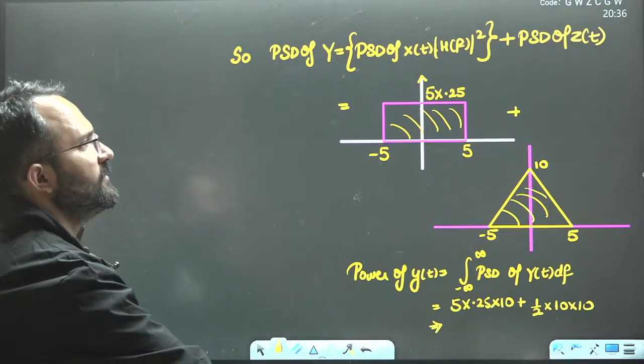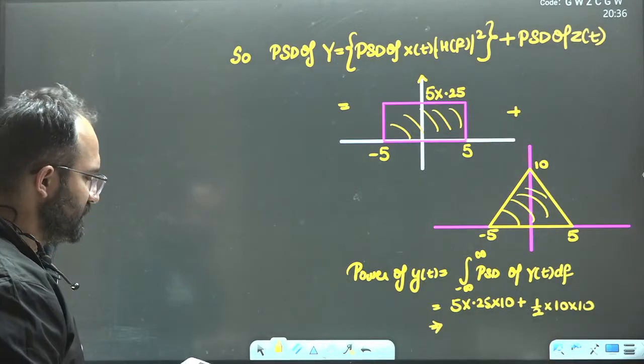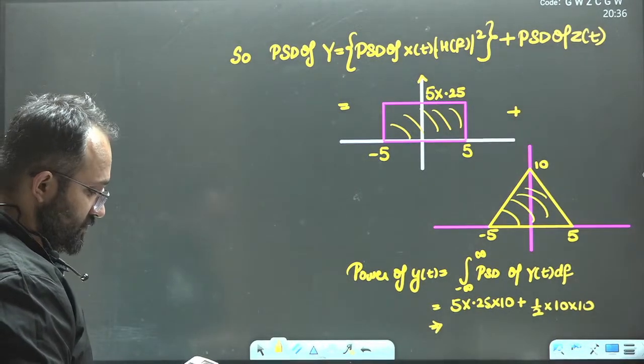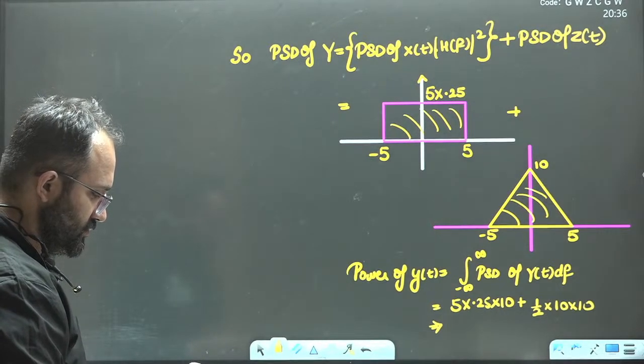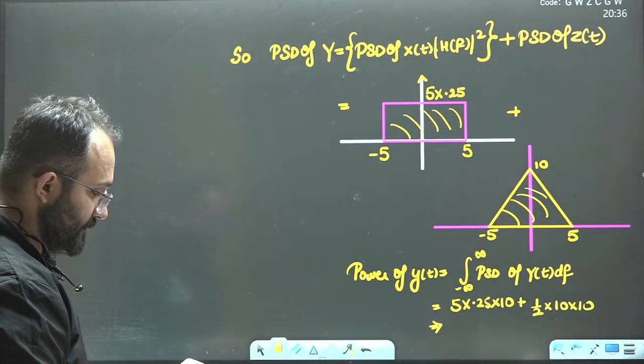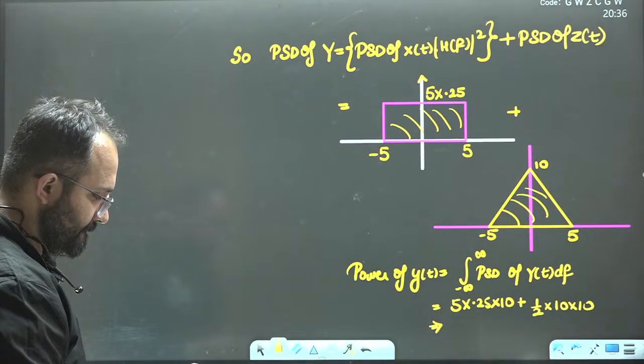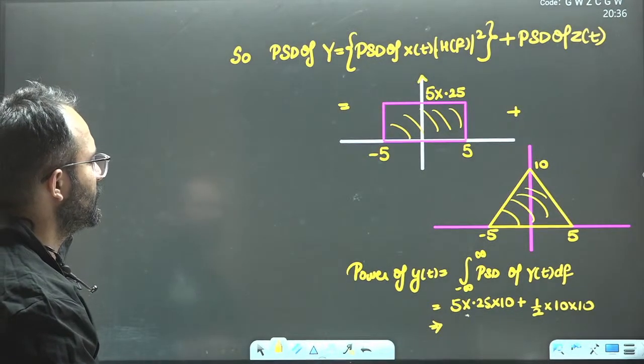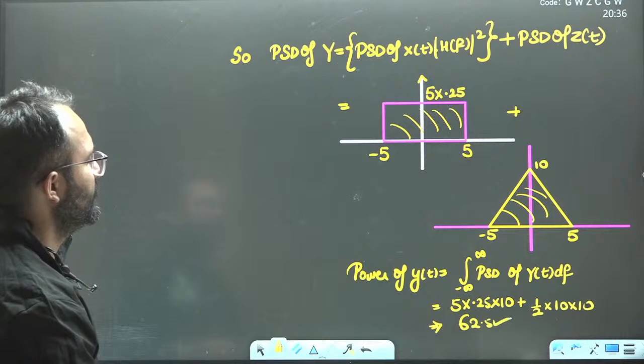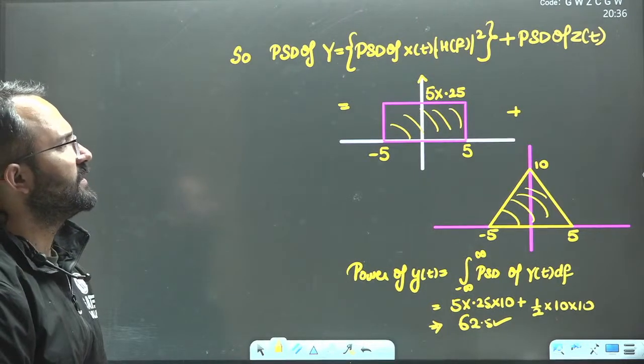We can simply multiply them and get the answer. This is 62.5. So I hope all of you are able to get these results.